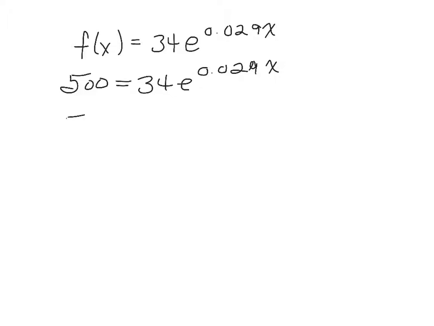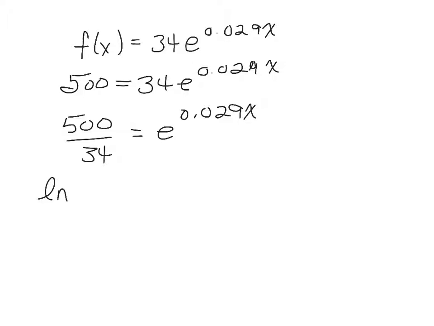So 500 divided by 34 is going to equal e to the 0.029x. At this point we can do that division, or we can simply take the ln of that division. And so we would take the ln of this side and ln of the other side.